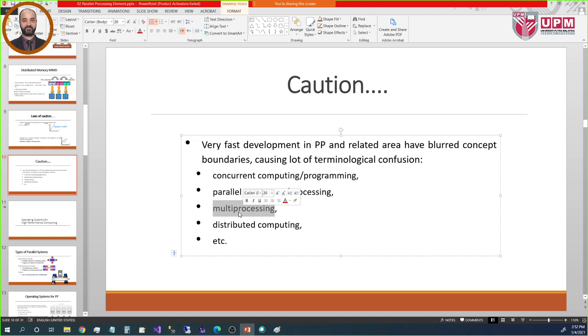Or maybe we have a multiprocessing machine and a sequential operating system, so everything will be run in sequential mode. But concurrent computing or parallel computing means we have a multiprocessing machine with a multiprocessing operating system that can run multiple tasks at the same time.